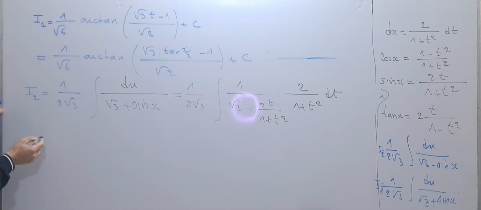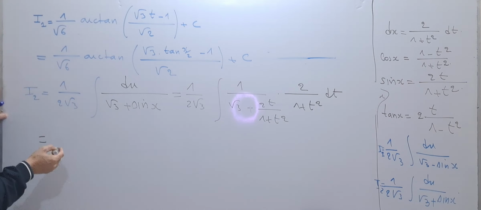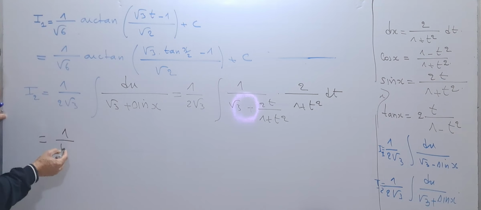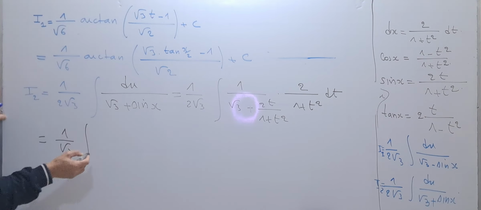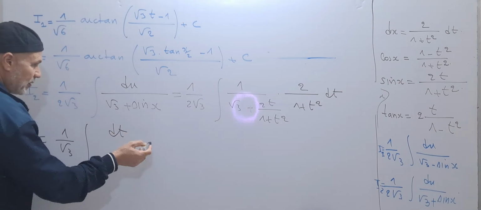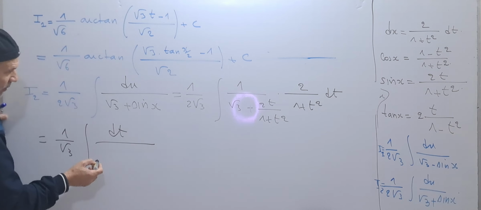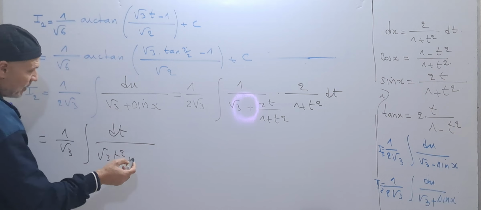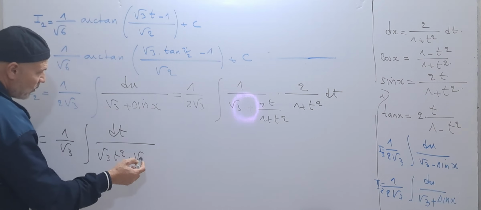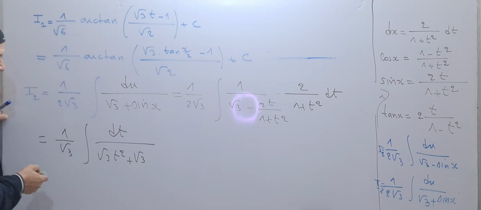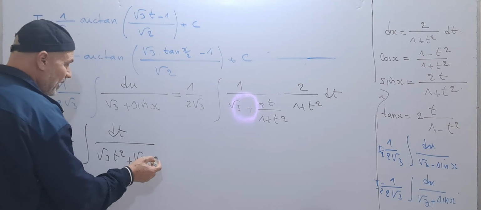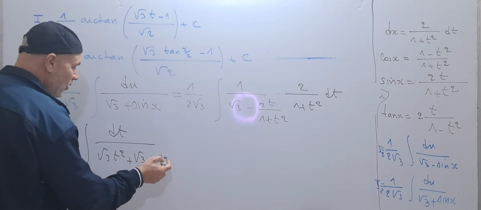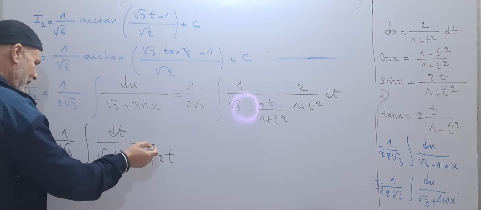This gives us 1 over the square root of 3 integral dt over the square root of 3t square plus the square root of 3 minus plus 2t.